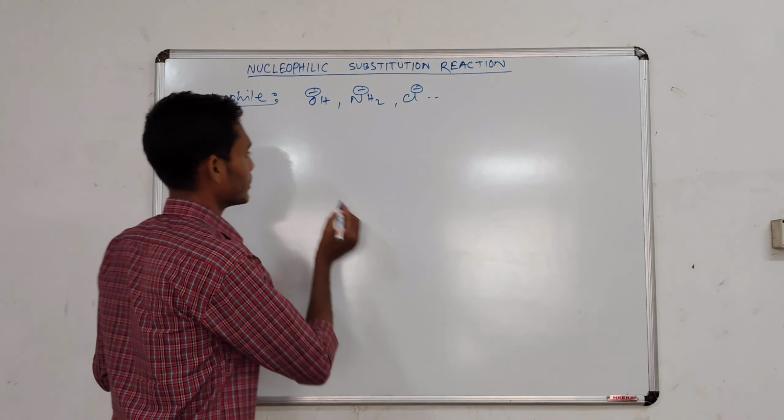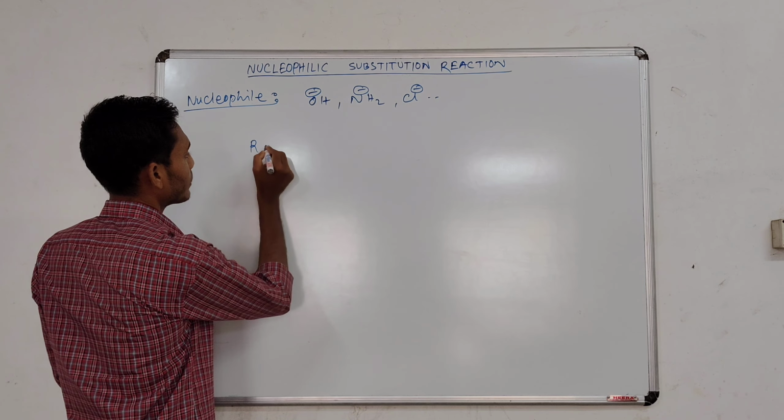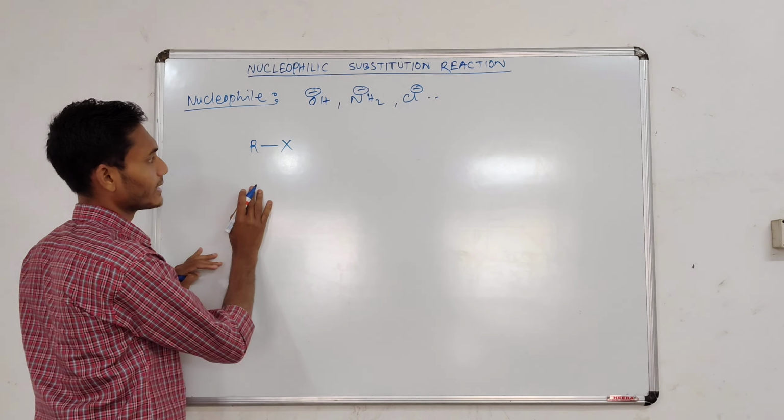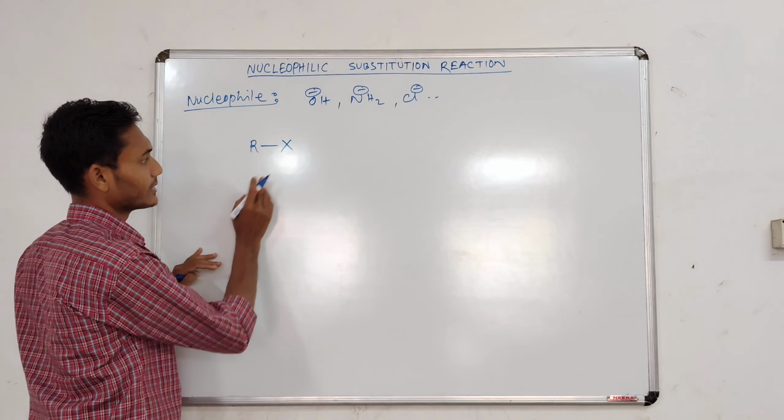At first we have a haloalkane RX. X means halogen group and R means alkyl group. If that reactant reacts with a nucleophile OH minus, then we get a product ROH.